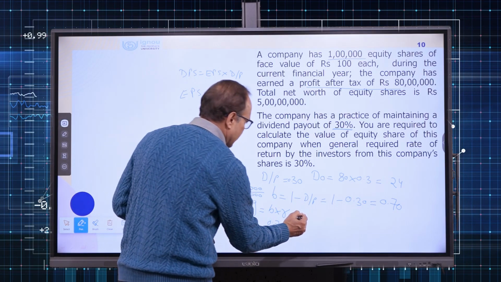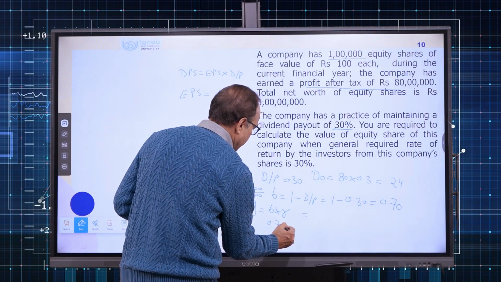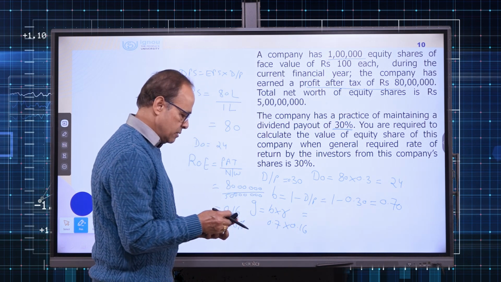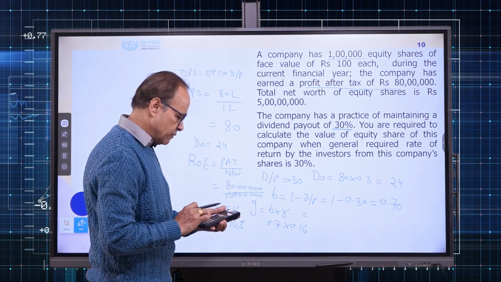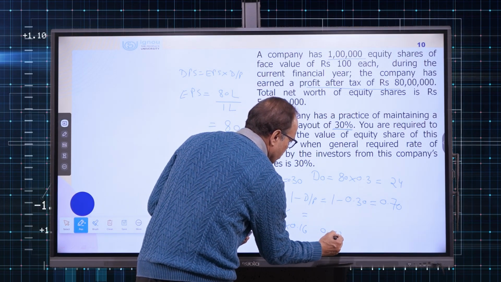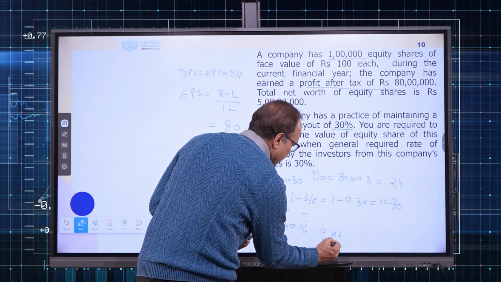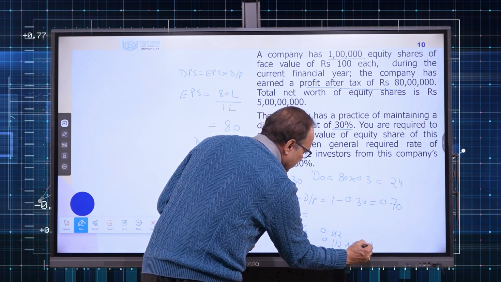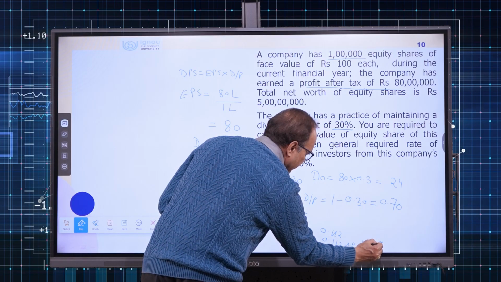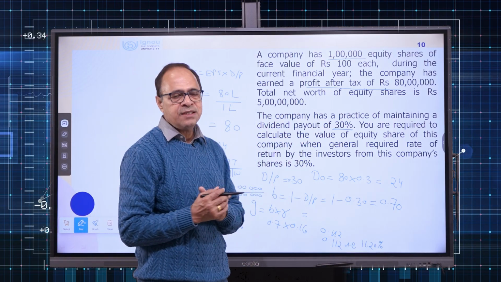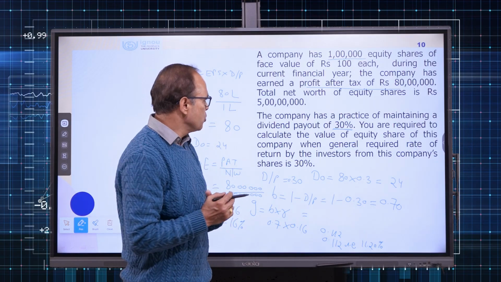Now, we can very well calculate G: 0.7 multiplied with 16%, 0.7 times 0.16, we get 0.112, also spoken as 11.2%. So, the constant growth in this case is 11.2%.